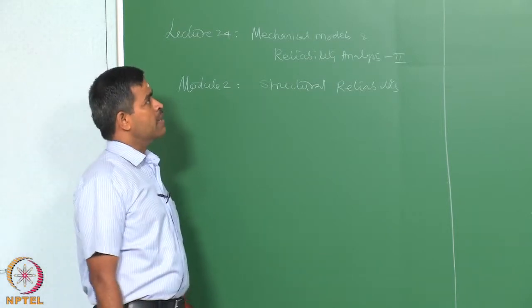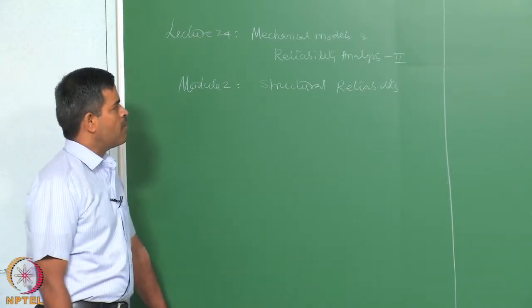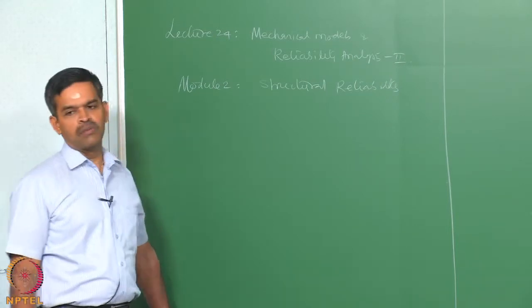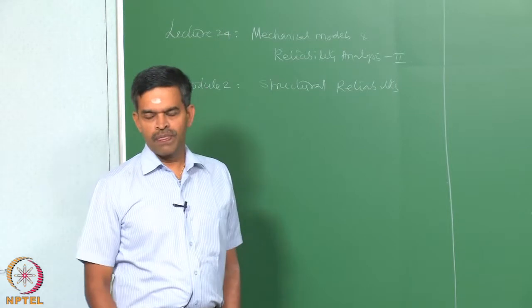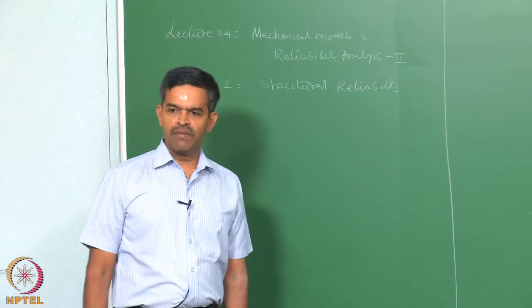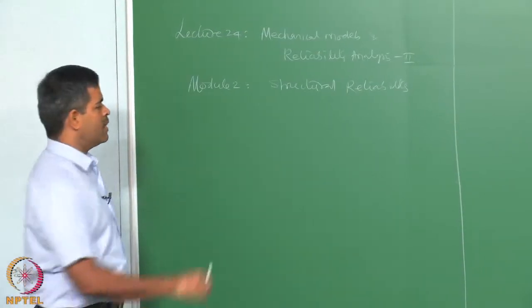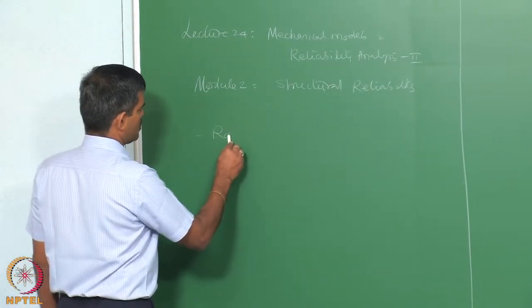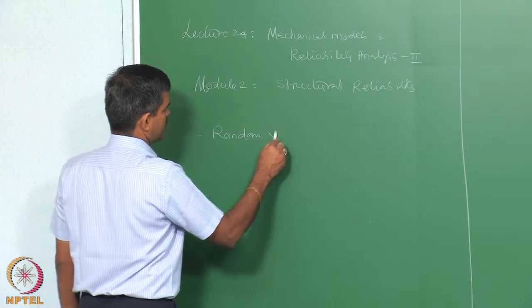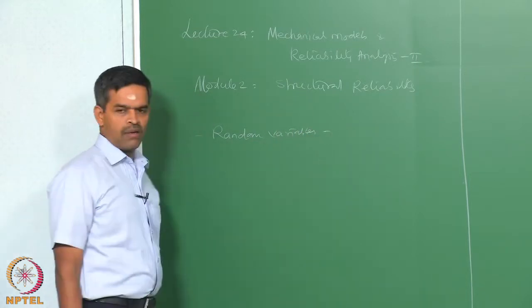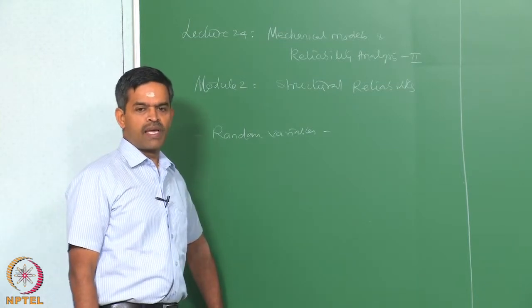If you recollect back in the last lecture, we said that mechanical models should represent as close as possible the physical phenomena or the real behavior of the element or the structure, because in many issues the random variables used for reliability analysis may be derived based on some experimental investigations or from mechanical models.